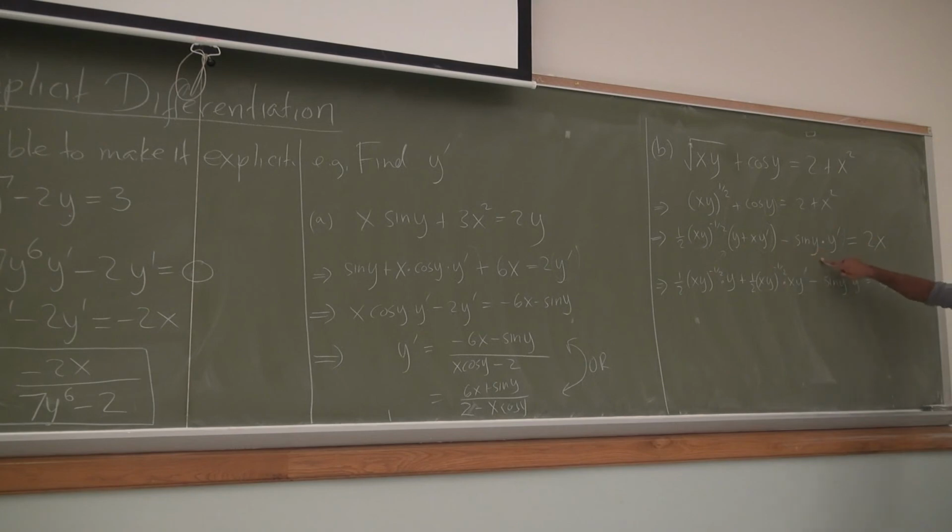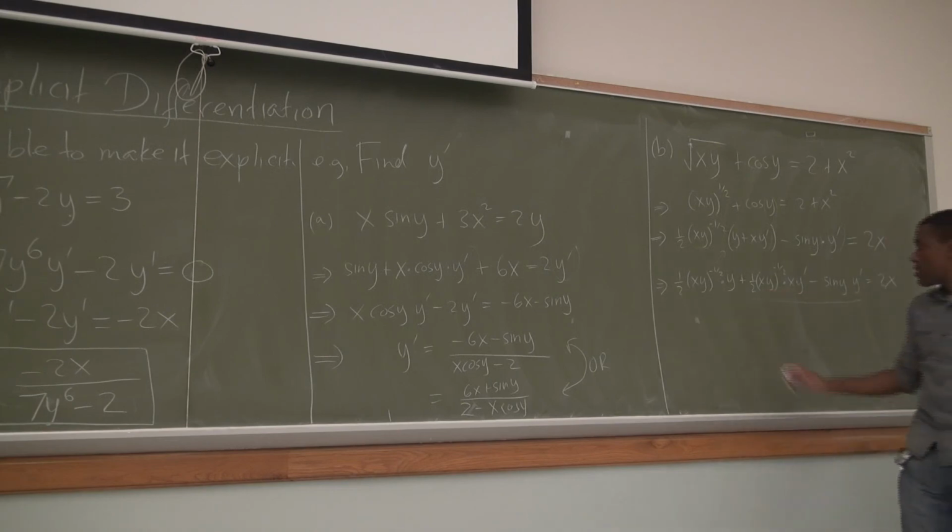That is minus sine y. Y is the inside function multiplied by its derivative. You get y prime times. Derivative of 2 is 0. Derivative of x squared is 2x. Now I want to solve for y prime. So what I'm going to do is break it out of the brackets. So now I can keep these two on one side, bring everyone else to the other side.